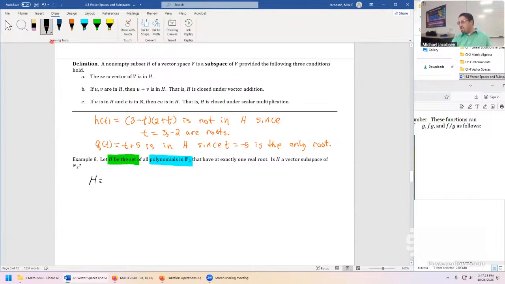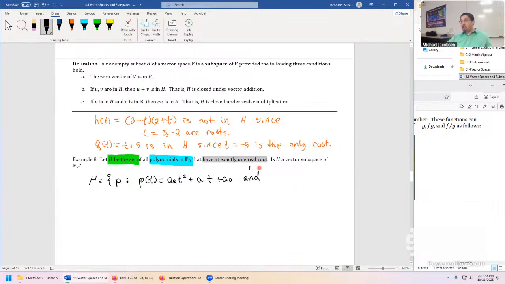Let's rewrite H as the set. Well, it's polynomials that have exactly one real root, so we could express that P. It's inside P2, so we can write P equals a2 t squared plus a1 t plus a naught. And there are lots of ways to express it has exactly one real root. You could just write it down verbatim inside the set.